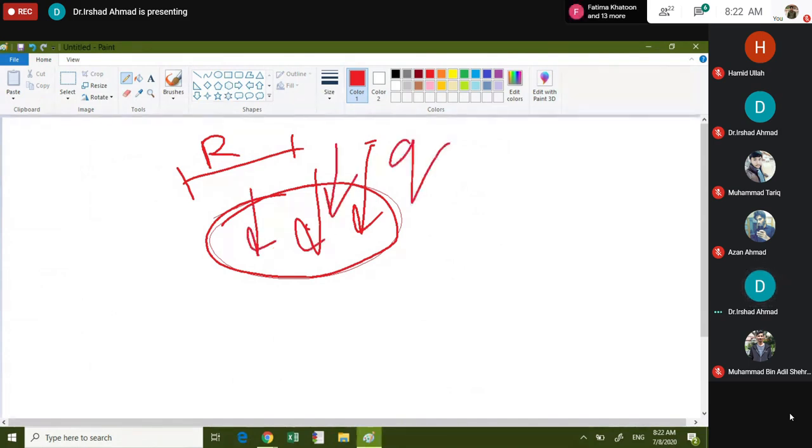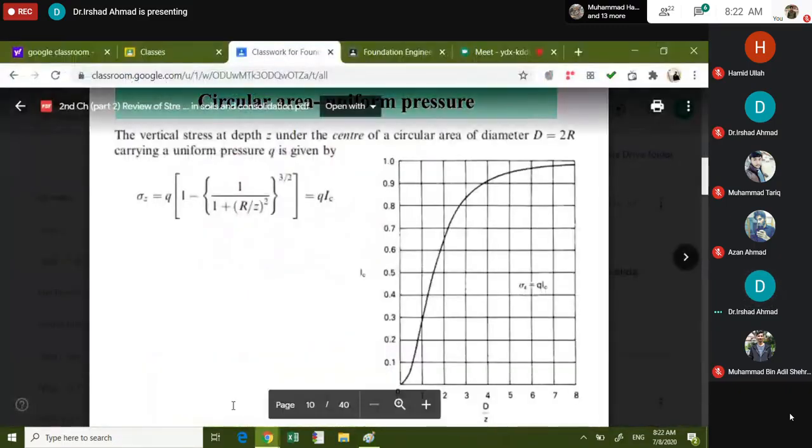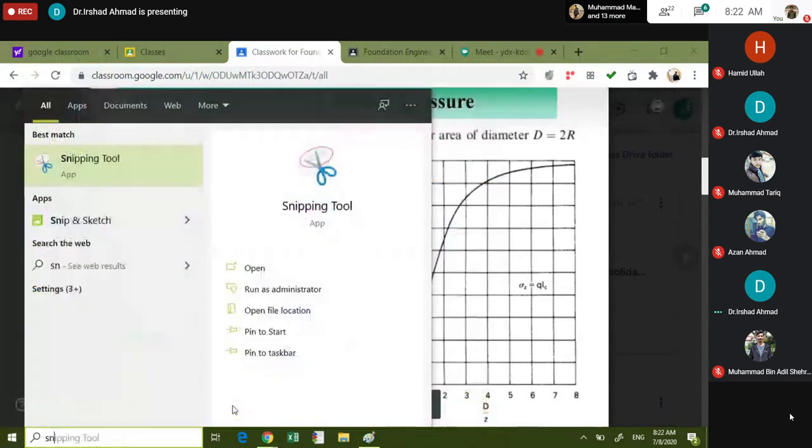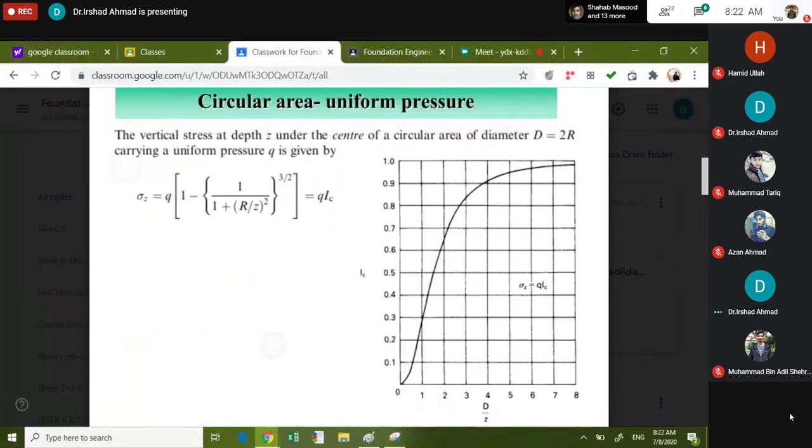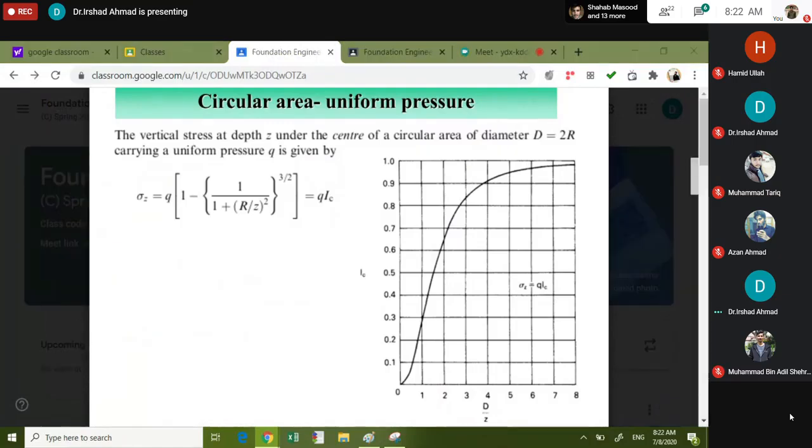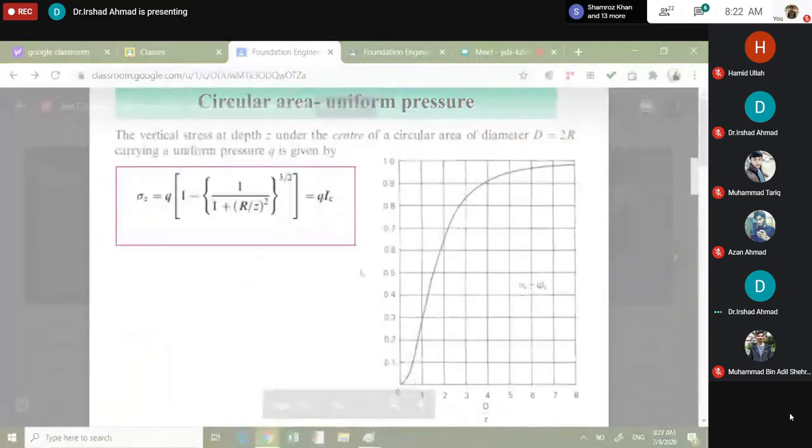The pressure is q, and you want to find stresses under the center of footing, right? Under the center of footing, stress, for example, delta sigma z. So the equation for this is this one.